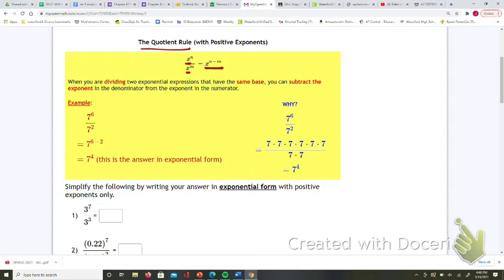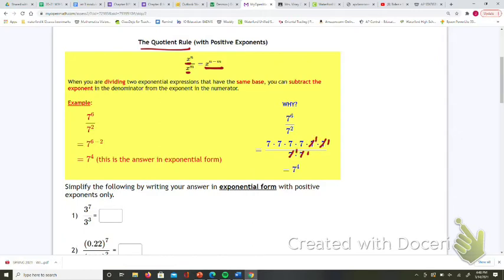So our example for the why, why does this work? We have 7 to the 6th power divided by 7 to the 2nd power. So we have, on the numerator, 7 times 7 times 7 times 7 times 7 times 7. So we have 6 sevens divided by 7 times 7. Okay, now, do you remember that 7 over 7 reduces down to 1?